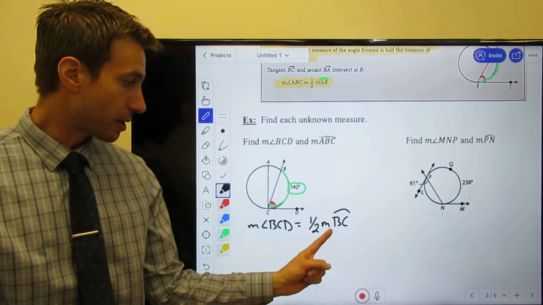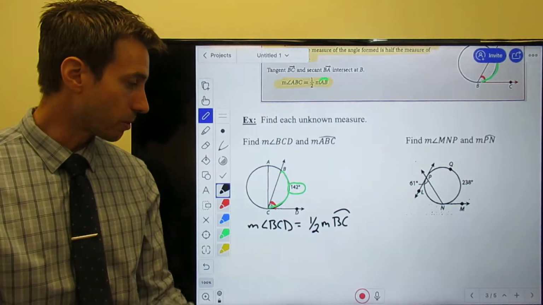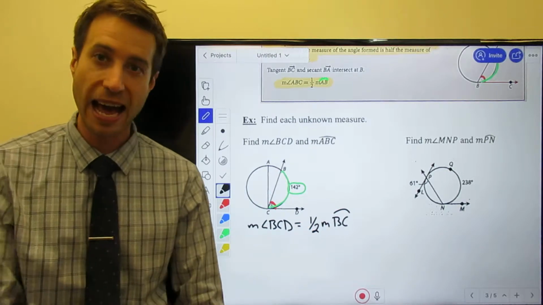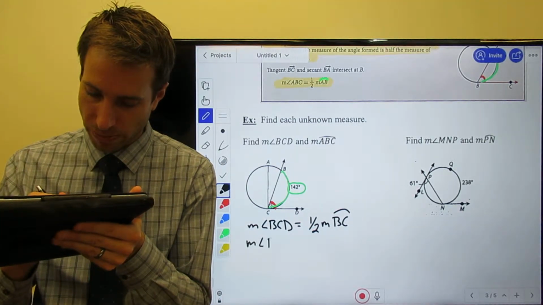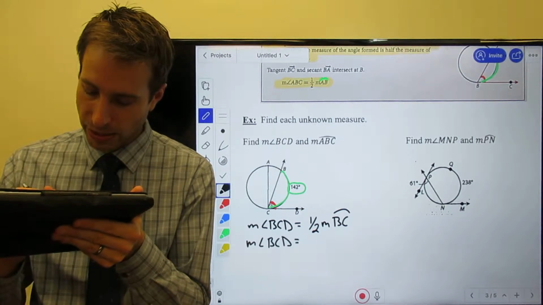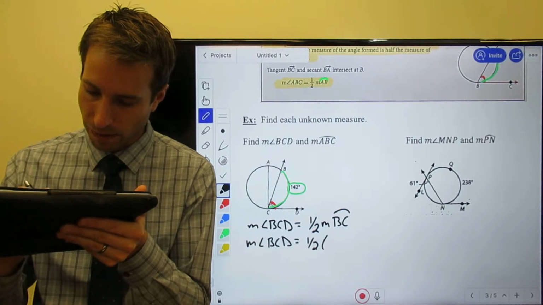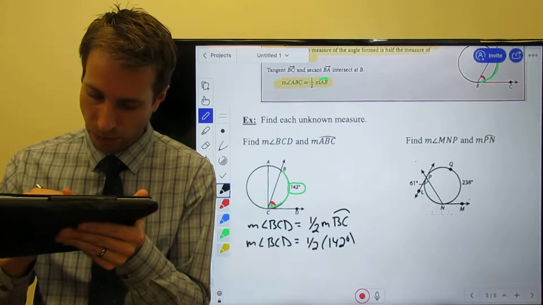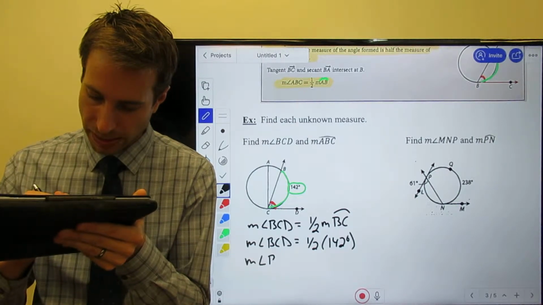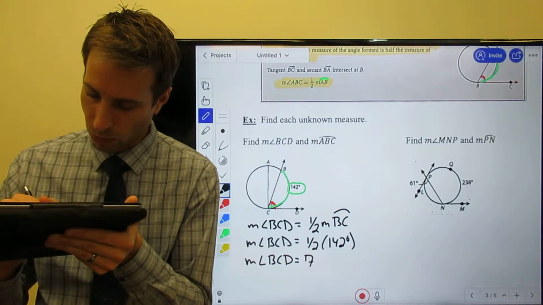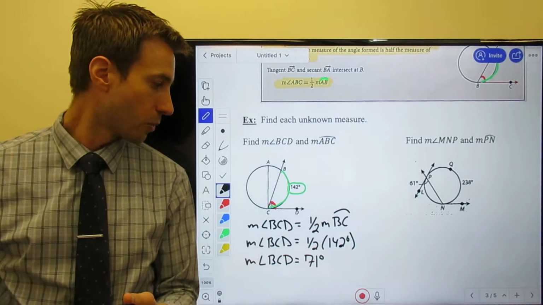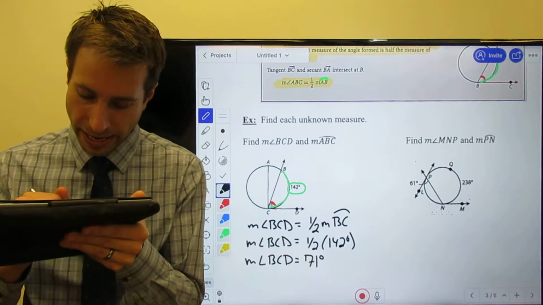I know that the measure of the arc is 142, so I plug it in: 142 times 1/2. The measure of angle BCD is 1/2 of 142, which means the measure of BCD is 71 degrees. Okay, awesome.